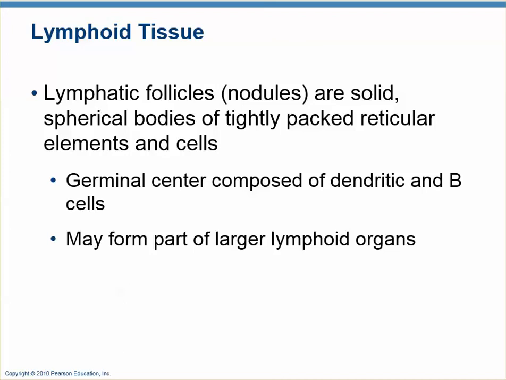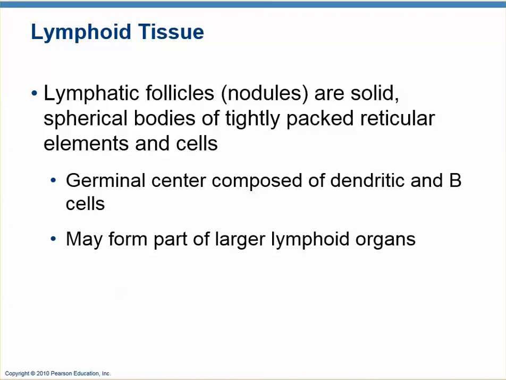The lymphatic follicles, or nodules, they don't like the word nodules anymore because people think that it's nodes. It's not. It's just lymphoid tissue, and it's found in various places in the body.